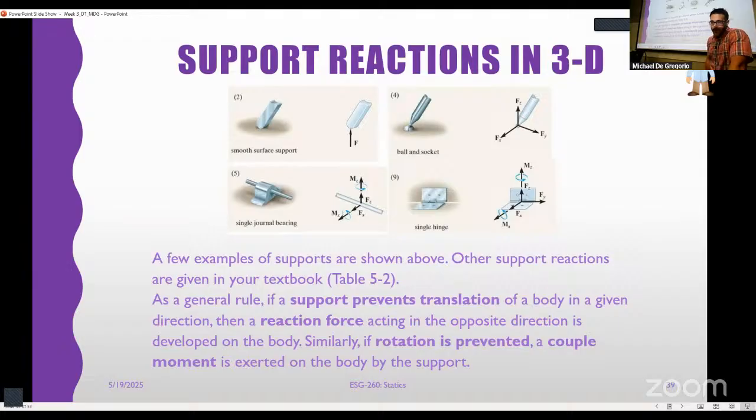Single journal bearing. Bearings are where it gets a little bit weird, because some bearings allow for rotation in one axis, but not the other two, and that's pretty standard. You would understand that if this was the axle of your car: you want it to spin in one direction, you don't want it to spin in the other directions. That's pretty bad.